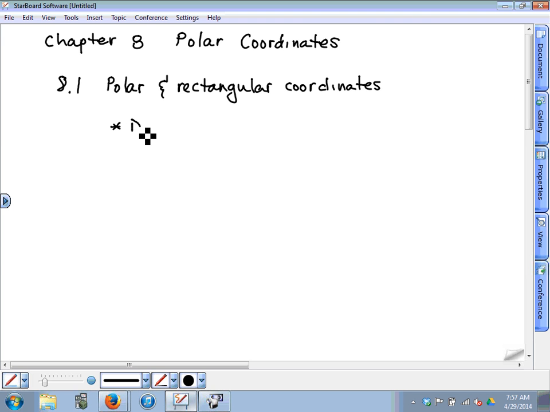Here's what we need to do today. Definition of polar coordinates. Relationship to rectangular coordinates.